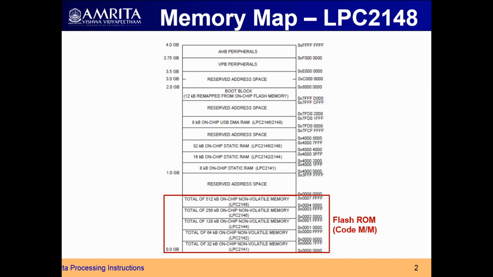What is the advantage of flash memory? Bulk read and write is possible. You can write bulk data as well as read bulk data from this flash ROM. Another advantage is that it can be easily read and written with the help of a normal VCC supply, and within a fraction of a second you can write it.